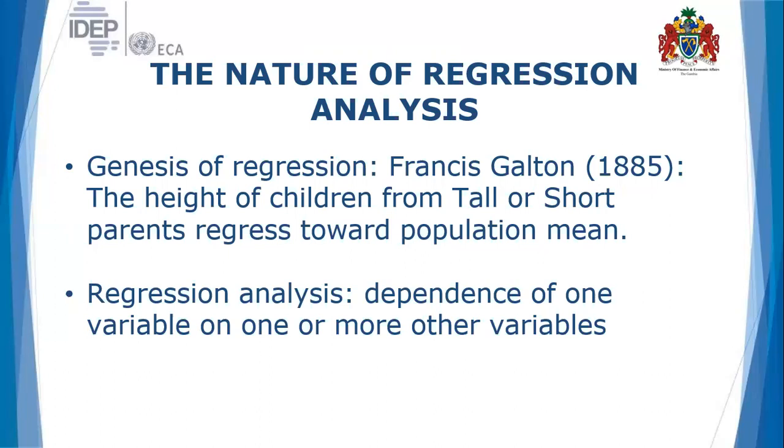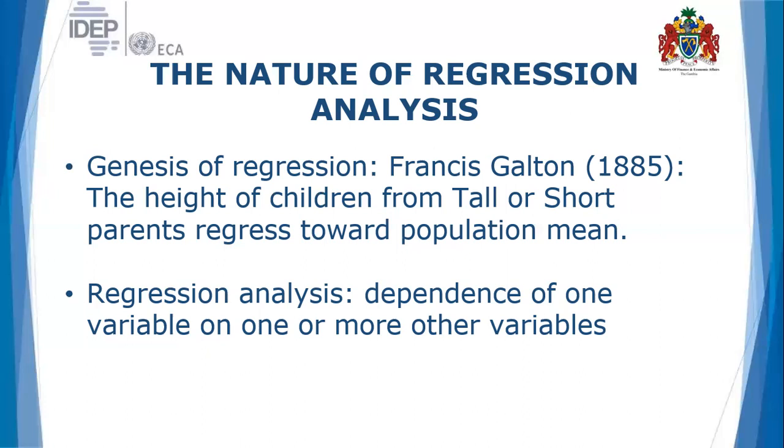And he observed that the average heights tended to regress towards the population mean. In other words, the average heights, either of children from tall parents or of children from short parents, tended to move towards the population average.